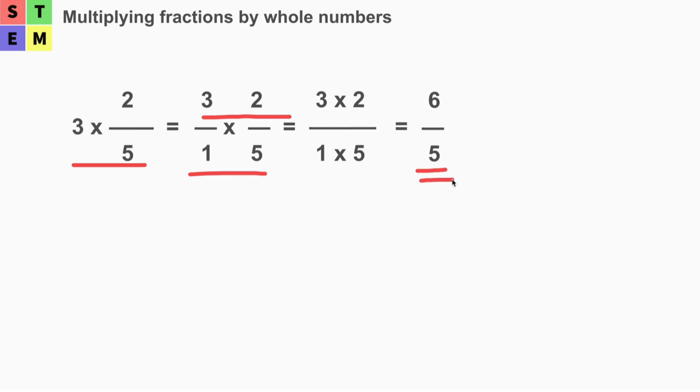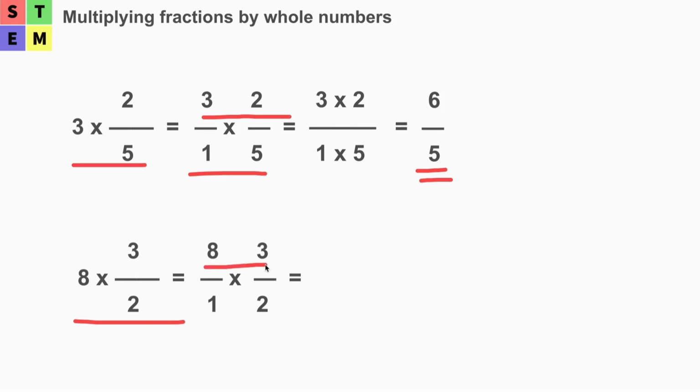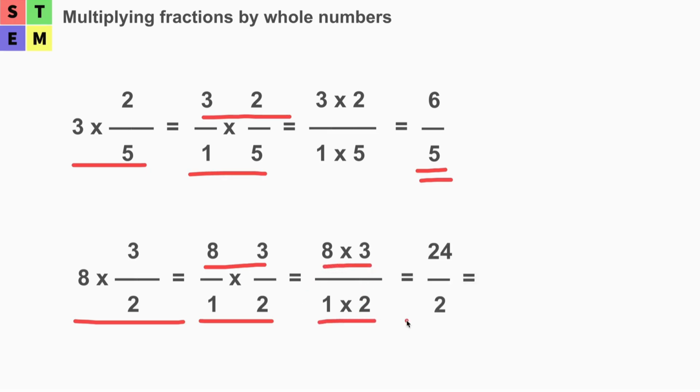And next example, we have 8 times 3 over 2. What we can do is exactly the same, right? So 8 over 1 times 3 over 2. So we are going to calculate what? 8 times 3 over 1 times 2, which equals 24 over 2.